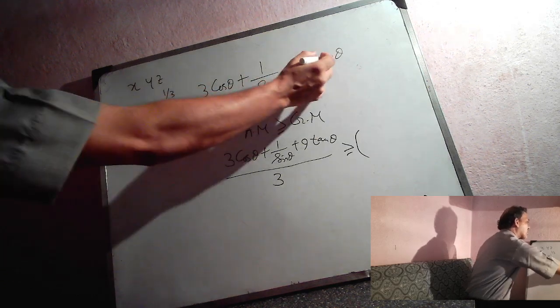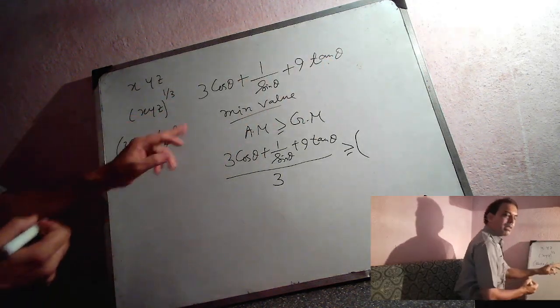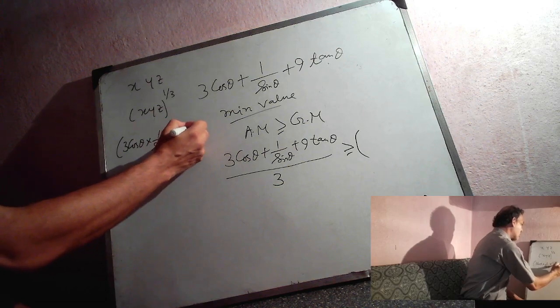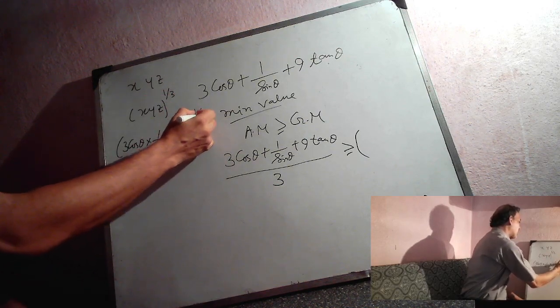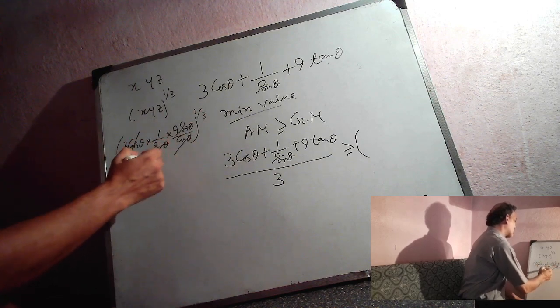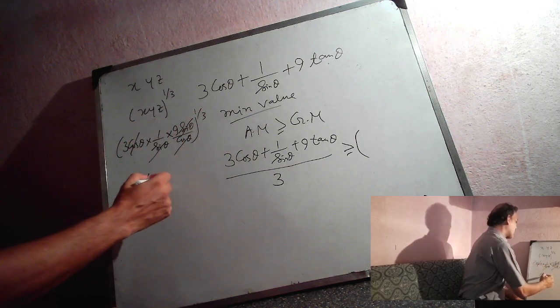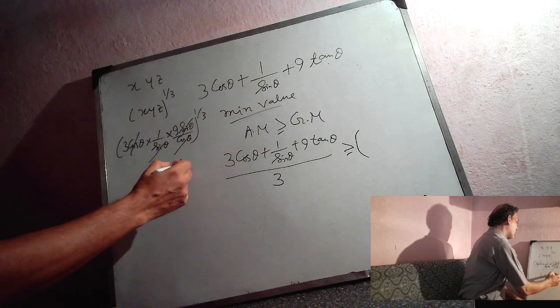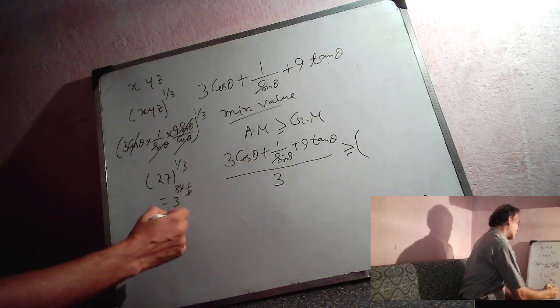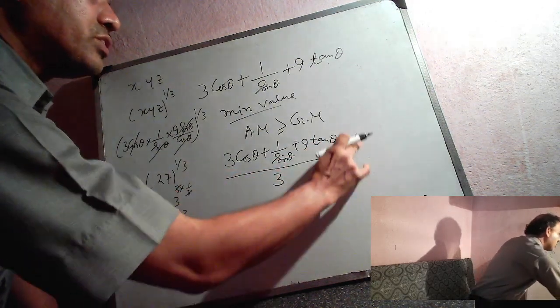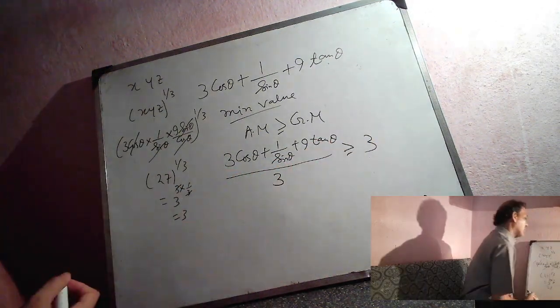Tan theta means sin theta upon cos theta, power 1 by 3. Now cos cancels, sin cancels, 9 into 3 is 27, 27 power 1 by 3 equals 3 cube into 1 by 3 equals 3. So the GM of the given numbers is 3.